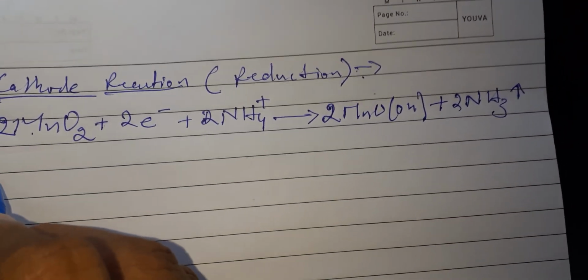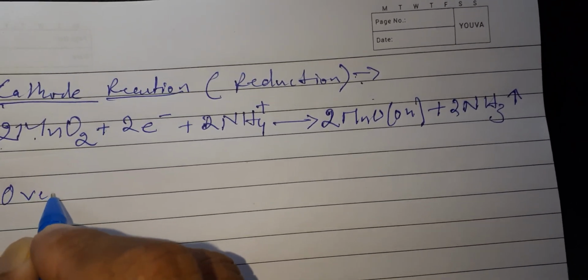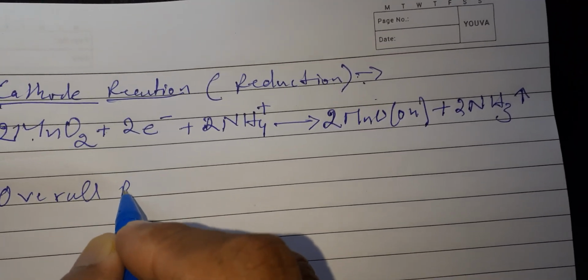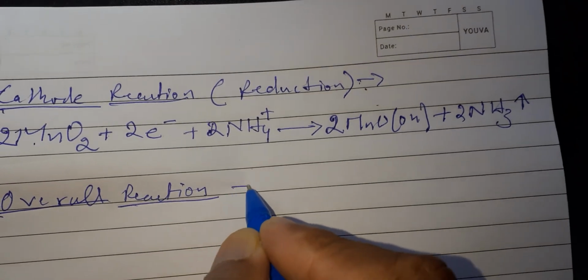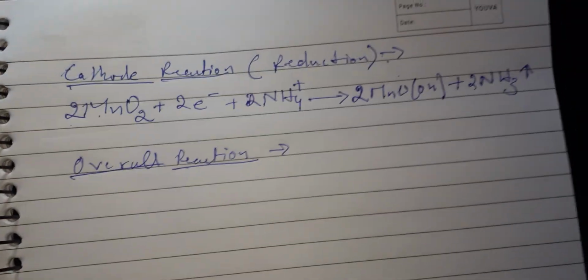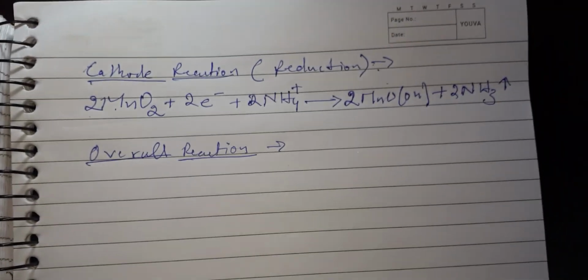And then comes the overall reaction. What is the overall reaction happening in the cell? Overall, it is basically a redox reaction, reduction plus oxidation.